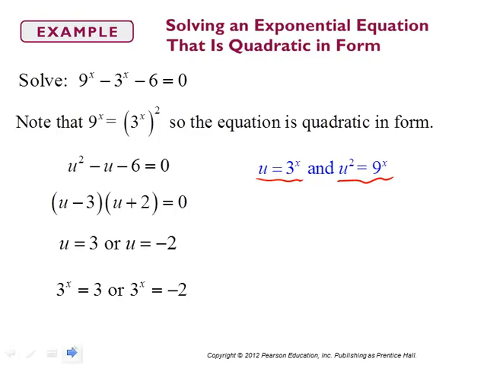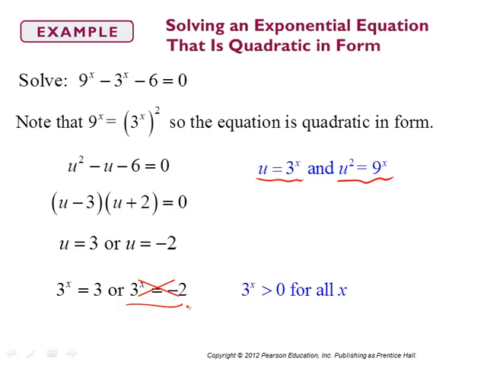Now, if 3 raised to the x power is equal to 3, what does that make x? 1. I agree. It's 1. Now look over here, though. If 3 to the x power is equal to negative 2, what does that make x?